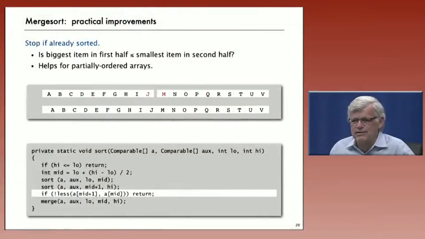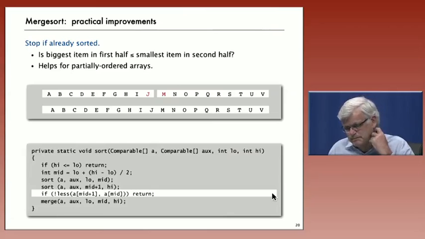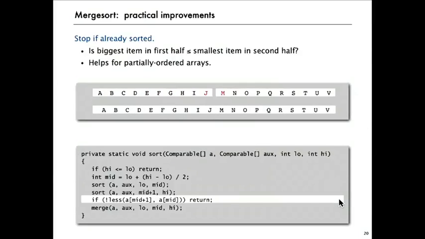We just put a test in the recursive merge sort, this one line of code, to check whether we're done. That way, if you were to call merge sort for an array that's already in order, it would just do this test every time, and it would be done in linear time. That's pretty helpful, although not totally helpful, but there's a lot of situations where that's helpful.